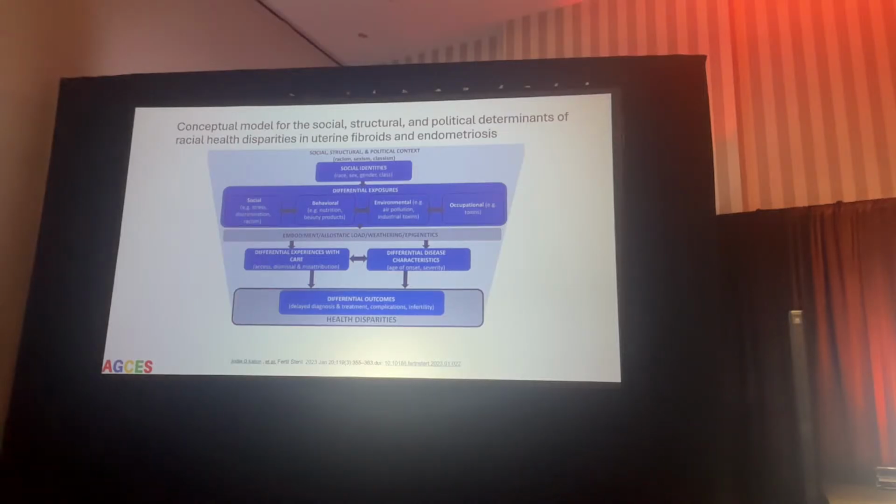What's your nutrition status? We do know that nutrition affects fibroid growth. Weathering is listed there, kind of hidden in the middle of that slide, but it describes longitudinal impact of all of these social determinants of health. And then what happens with the actual care and impact on outcomes once they get through that hump and get diagnosed.